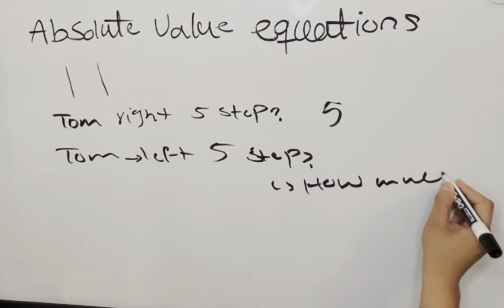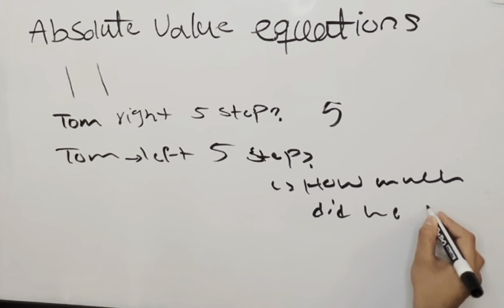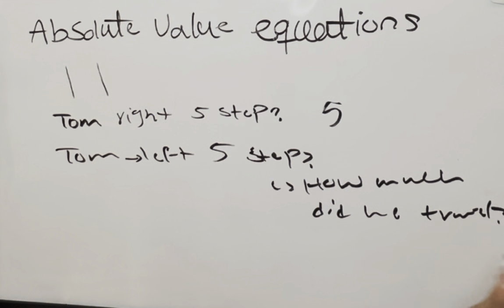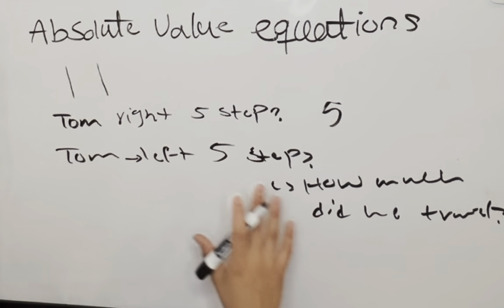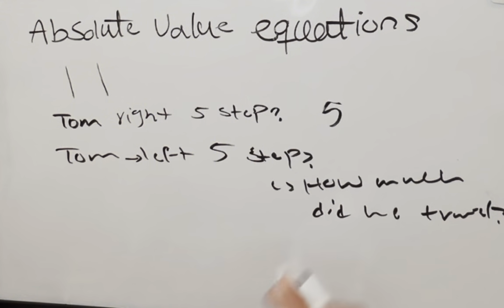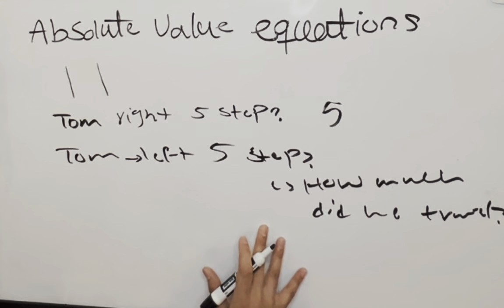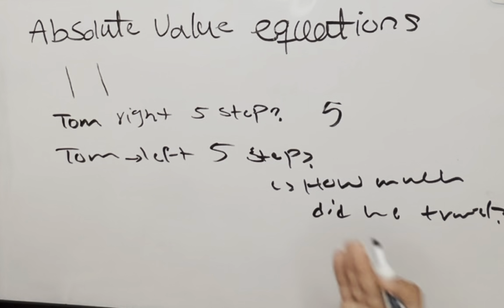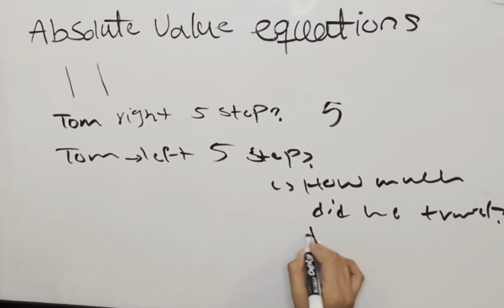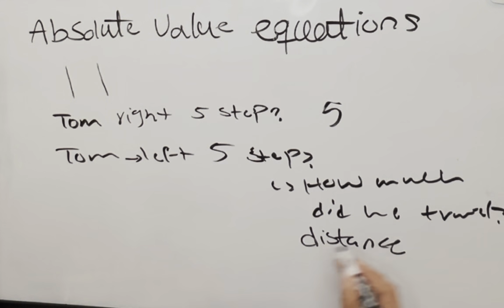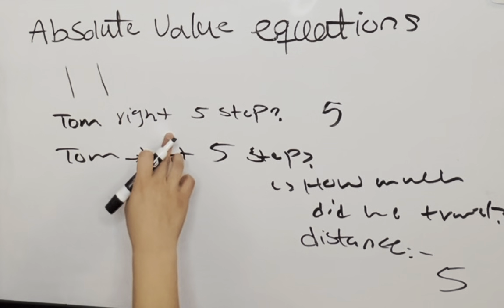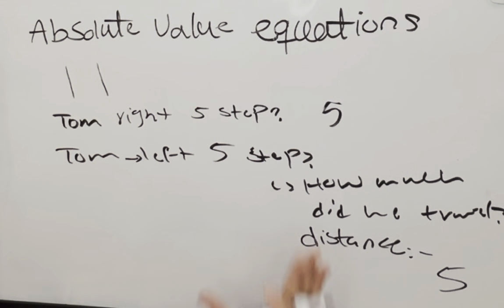How much did he travel? Again, we're not talking about which direction he went, whether up, down, left, or right. As long as we know that he's traveling and taking these steps, we only care about the distance he is traveling, and that is 5 again. It doesn't matter if he went right or left. It's just the fact that he took those 5 steps.